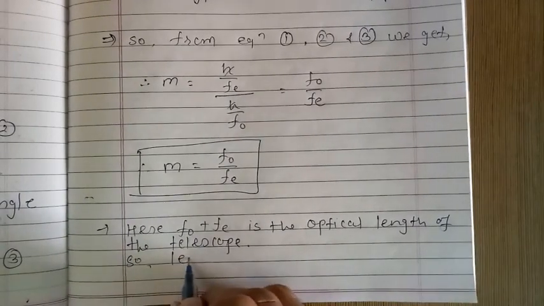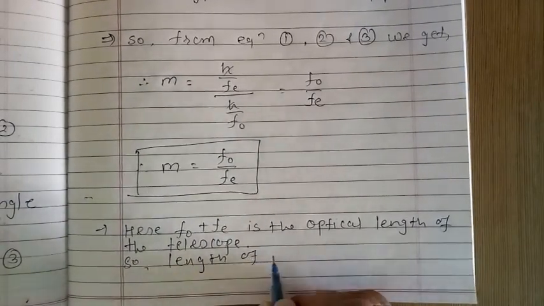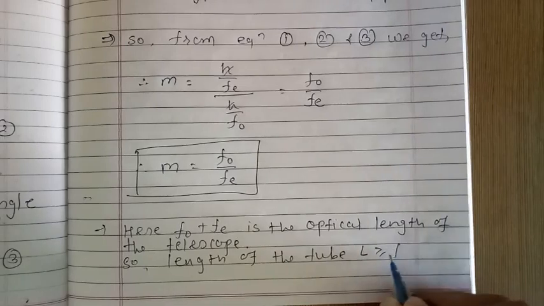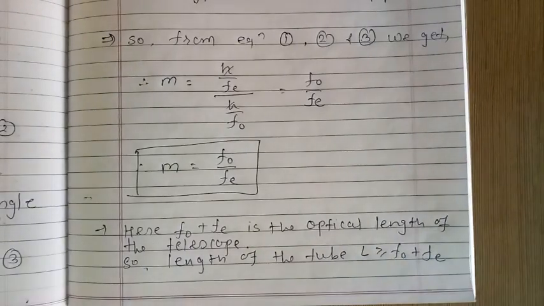So we can say the length of the tube L is greater than or equal to Fo plus Fe, or we can also say that the distance between objective and eyepiece is Fo plus Fe, right? So you have to remember the magnification of the telescope, M is equal to Fo upon Fe, and the length of the tube, or distance between objective and eyepiece, is Fo plus Fe.